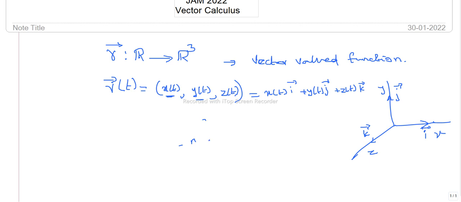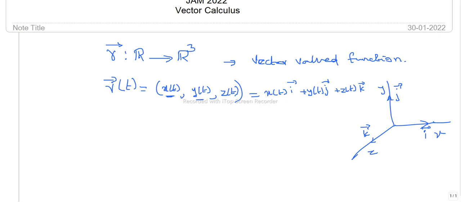Already we discussed functions of 2 variables, and then we discussed continuity and derivatives of such functions, where the domain is R2. Now we take the range to be R3, and we can discuss the continuity and derivative of this vector valued function.